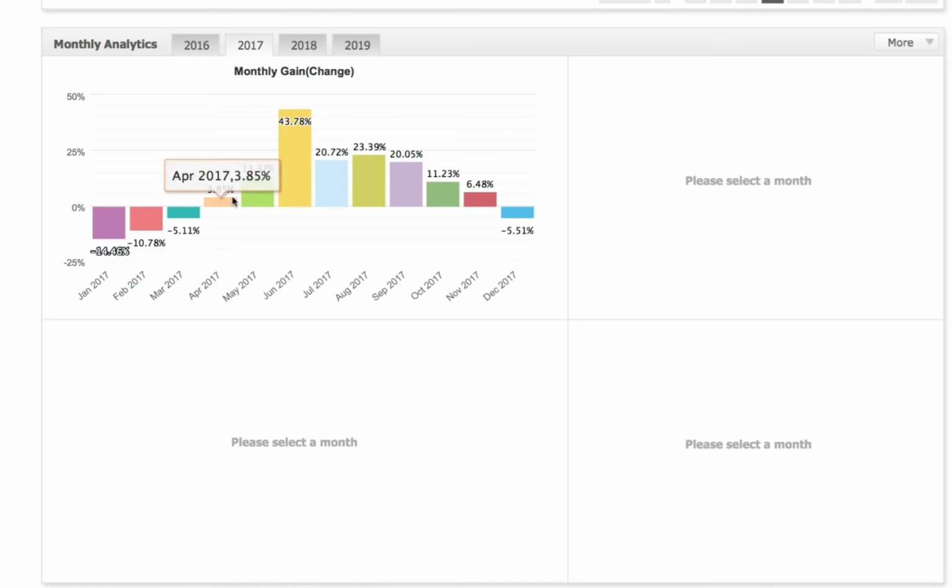So April 3%, May 13%, June 43%. So I gained whatever I lost initially in these 2 months. Yeah. And then modest growth, 20%, August 23%, September 20%, October 11%, and December was a loss again, 5%. I don't remember what happened. I have to go back and have a look.